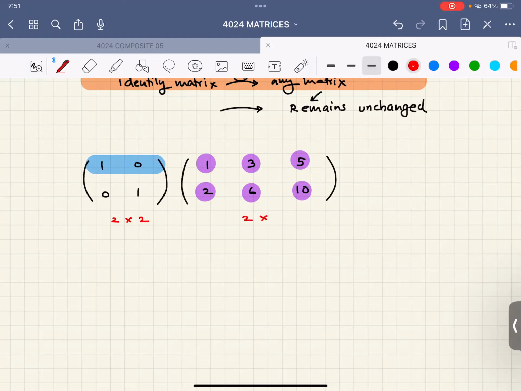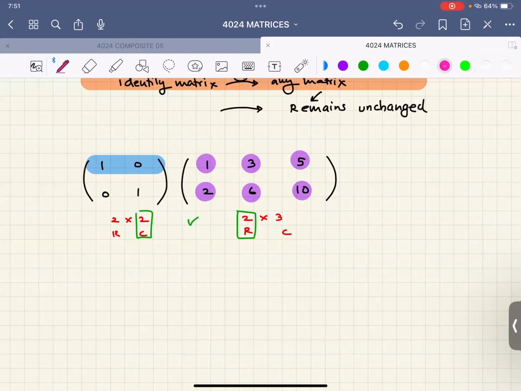This is a 2 by 3 matrix. Row, column, row, column. These two are exactly the same. Yes, multiplication is possible. The answer will look like this, which is 2 rows and 3 columns. So you will get 6 elements of the matrix like this.